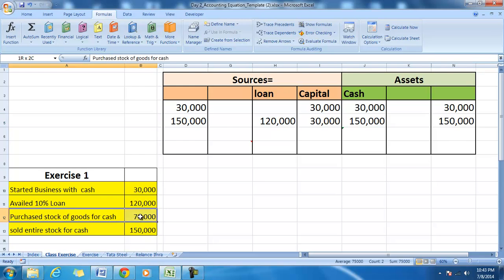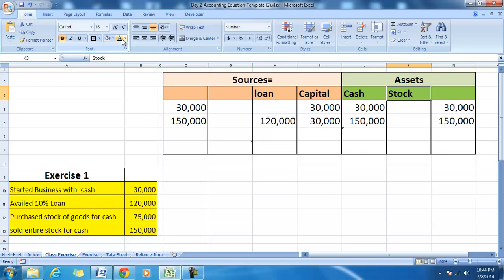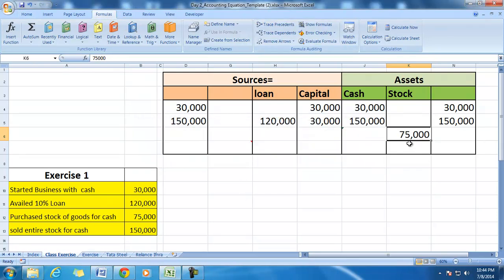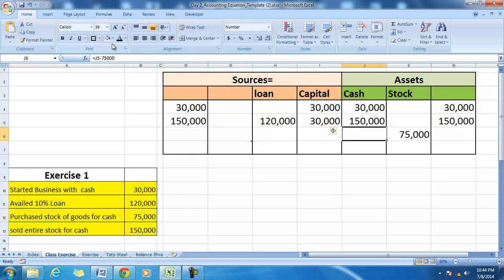Purchase goods for 75,000. You have cash of 150,000 and purchase goods. Let us give a name to the goods, called stock. Stock is now 75,000, purchased for cash, so cash comes down by 75,000.